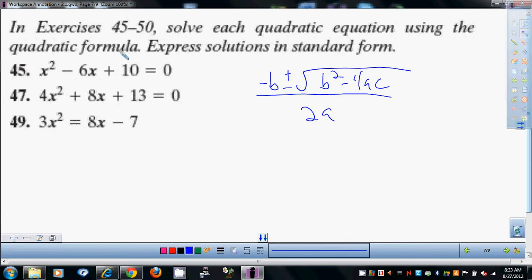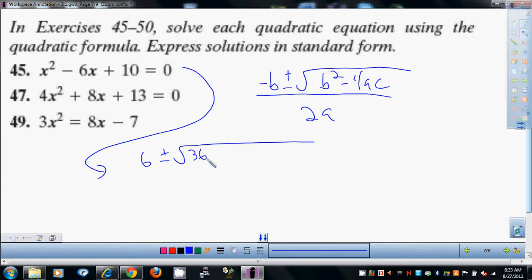A, B, and C are the coefficients in your polynomial, your trinomial. You can only use the quadratic formula on a trinomial. So, negative B on 45 will be positive 6, because negative negative 6. Plus or minus the square root of B squared, which is negative 6 squared, minus 4AC.